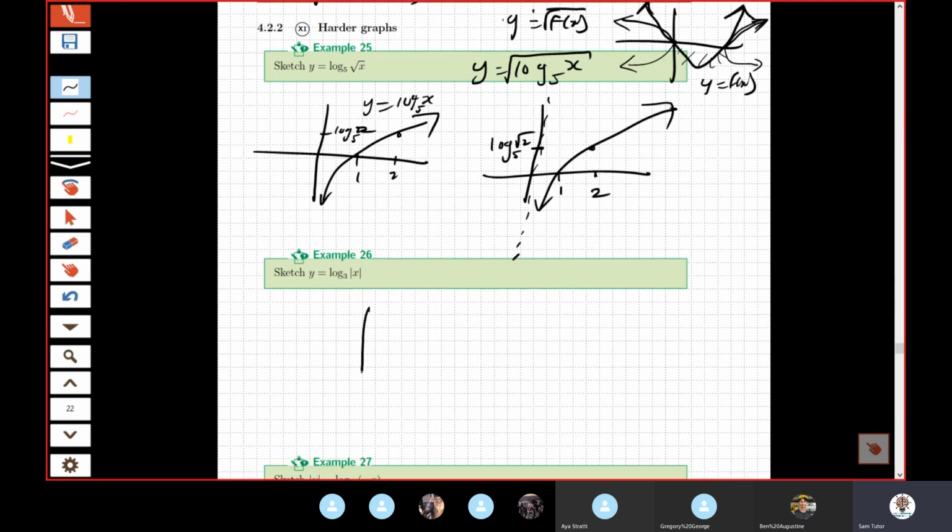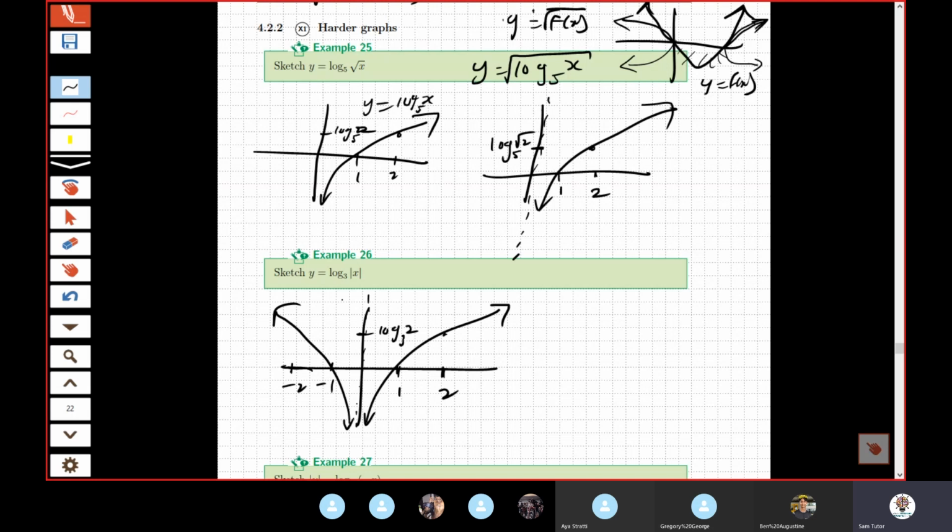Log absolute value of x, well, that's exactly what we just did before. There's your 1. If you want to sub in 2, sub in 2 into here to this side, that gives you log 2 base 3. But because it's absolute value, all your positives reflect to the left. Negative 1. And then we'll also say at negative 2, absolute value of negative 2 is still positive 2, so we'll still have the same y value as this.